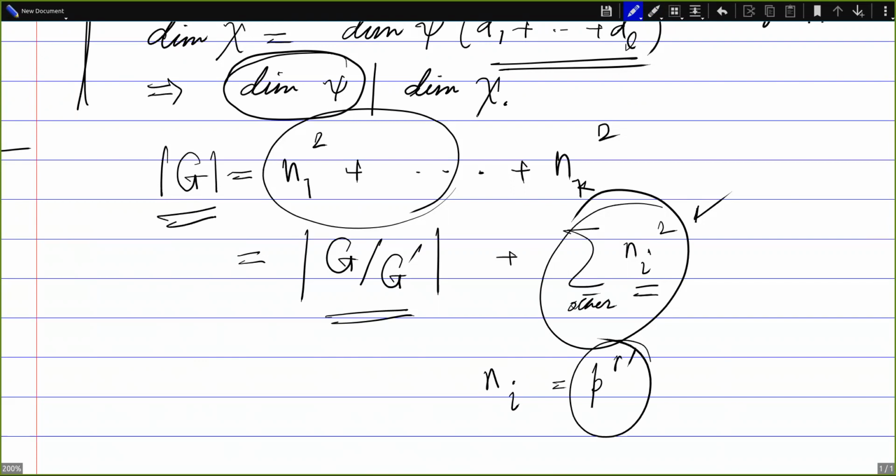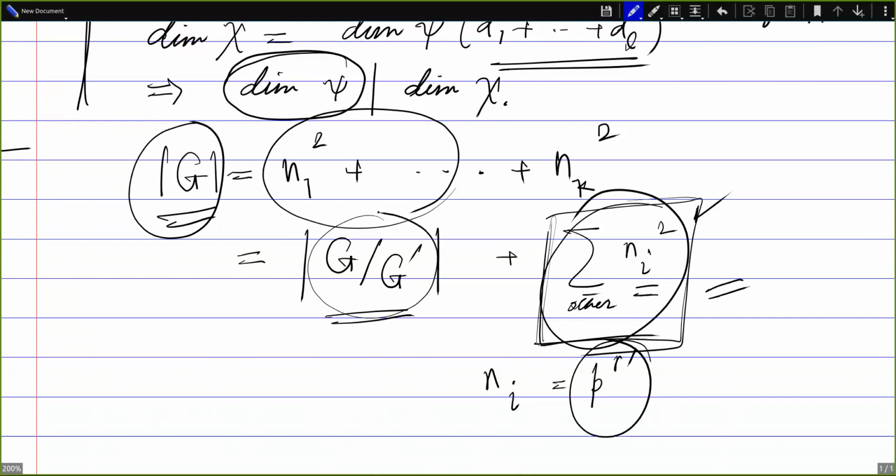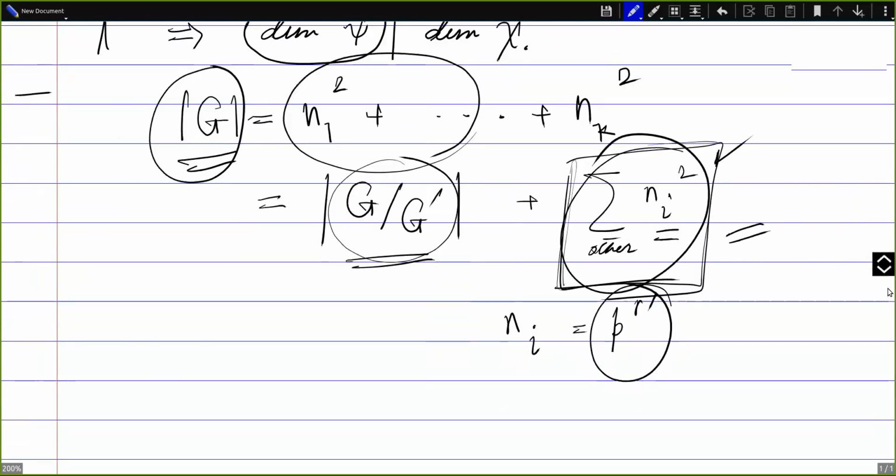This holds for any ni in this sum. So this part is divisible by P, because any summand here is a positive power of P, and P divides the order of G as well. Therefore, P has to divide the order of this abelian group.